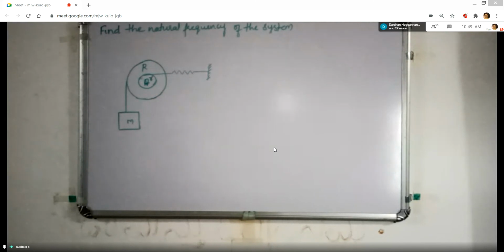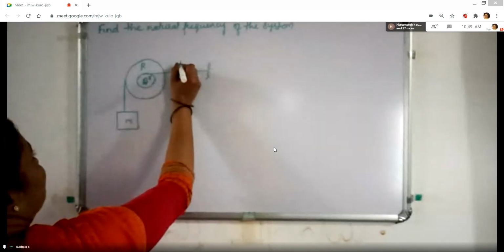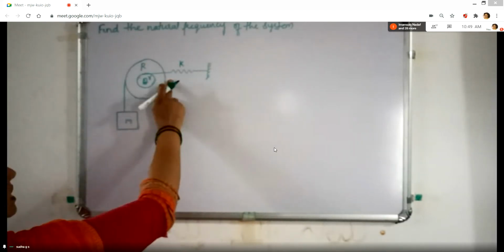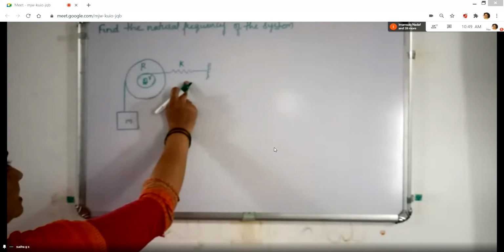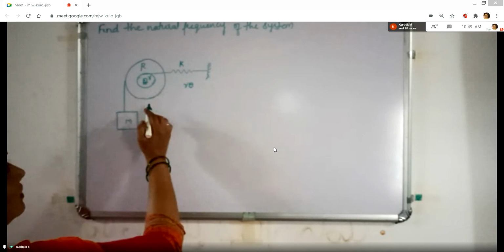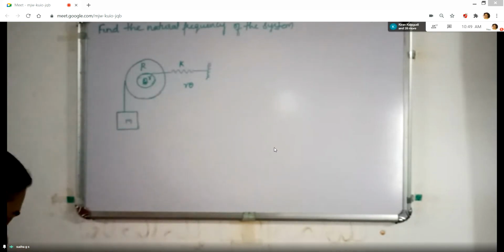One is because of the pulley and another because of the mass. One moves in the linear direction and the other moves in the angular direction. And this is the spring k, which is also moving in the linear direction, and its linear displacement is small x, which is equal to r theta. Why? Because r is the radius of the pulley over which the spring is fixed.